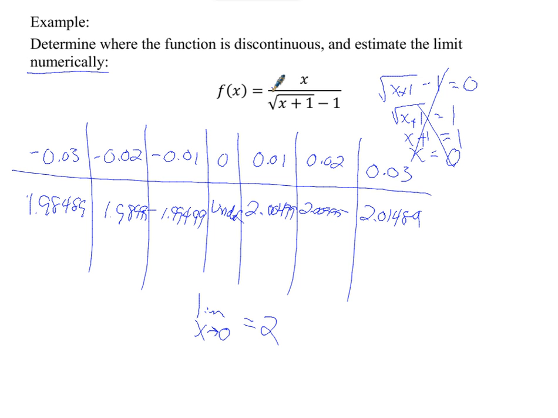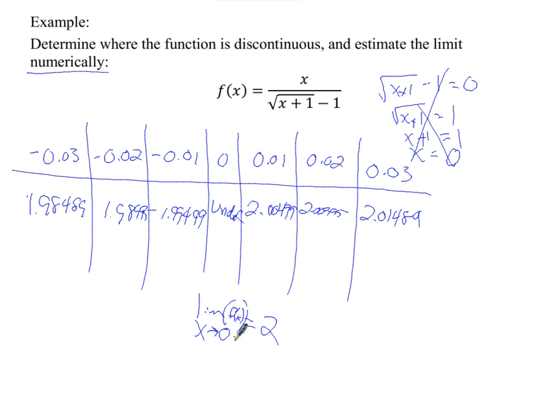I'm implying this function right here. If you want, you can write f of x. That's probably a better thing to do. Let's not be sloppy. So the answer here is the limit as x approaches 0 of the function equals 2.